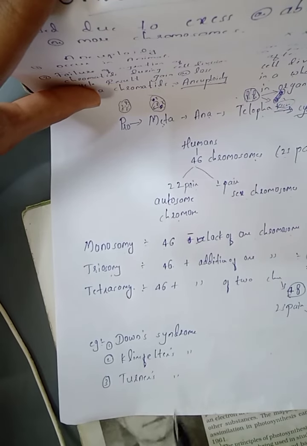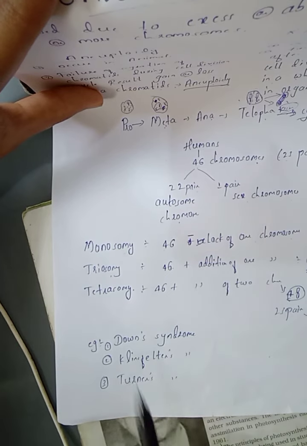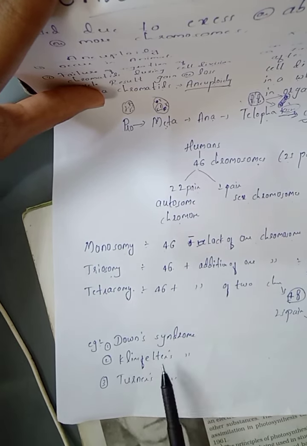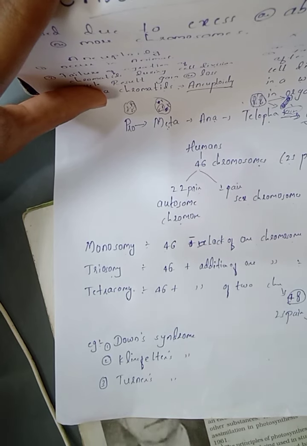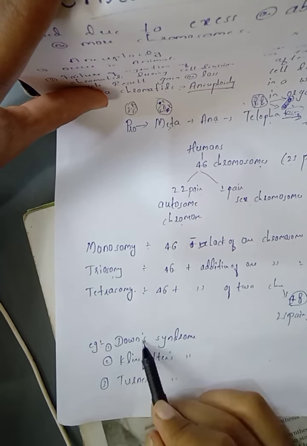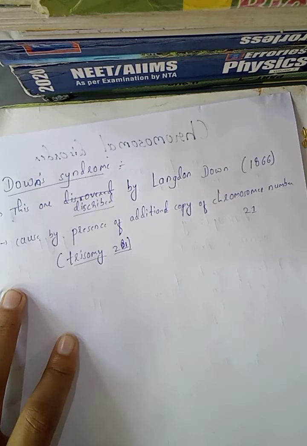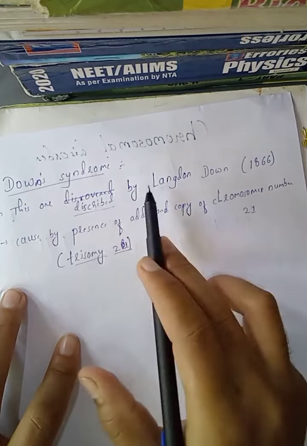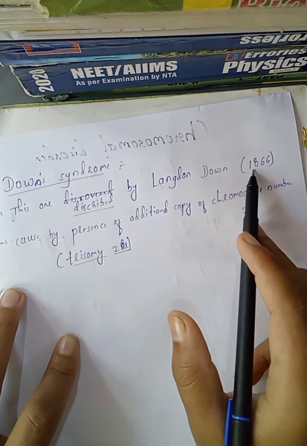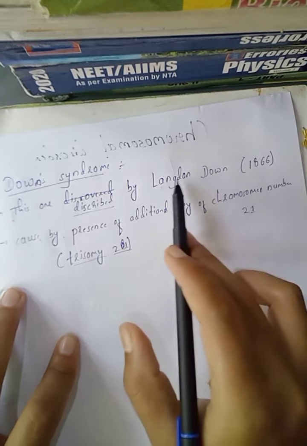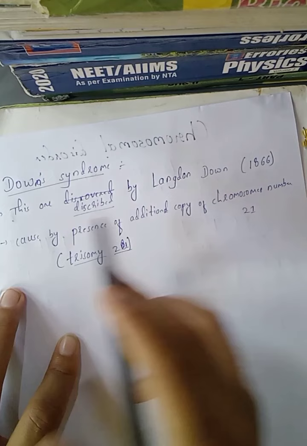Here NCERT gives only three chromosomal disorders. First is Down syndrome, second is Klinefelter's syndrome, third is Turner syndrome. We will discuss Down syndrome in detail now. Down syndrome is a chromosomal disorder described by Langdon Down in the year 1866; his name gives the syndrome its name.